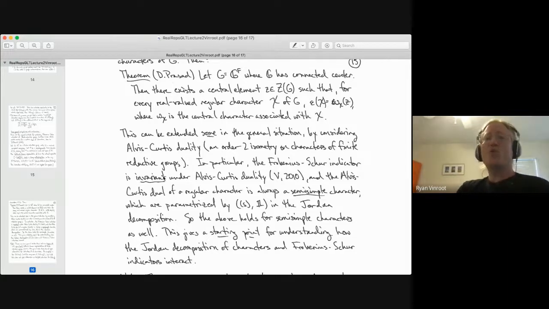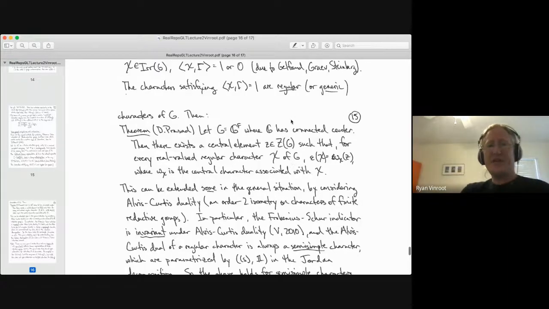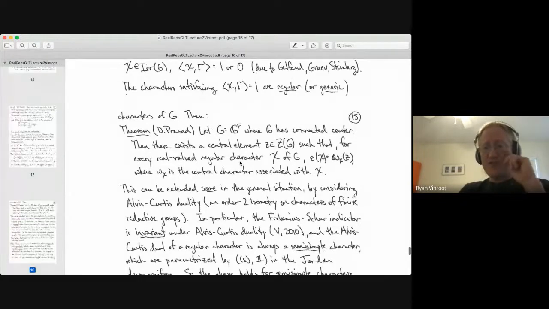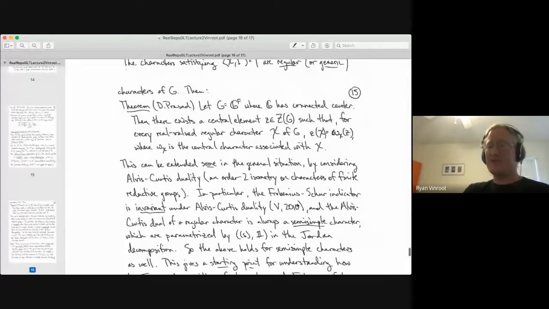And the duals of these characters in the Gelfand-Graev representation are called semi-simple characters. Most of the time, they have character degree which is prime to the underlying characteristic p. But more importantly, they're always parameterized in this way by the Jordan decomposition: just a semi-simple class in the dual group, and the unipotent character is just the trivial character here.